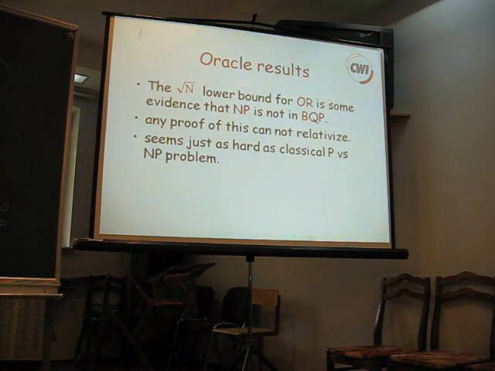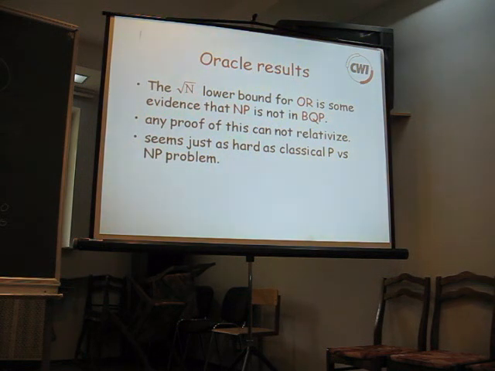However, you can view the square root of n lower bound for the OR function as evidence that NP is not in BQP. You can transform that into constructing an oracle where NP is not contained in BQP, because of course the OR is something that's easy for NP.